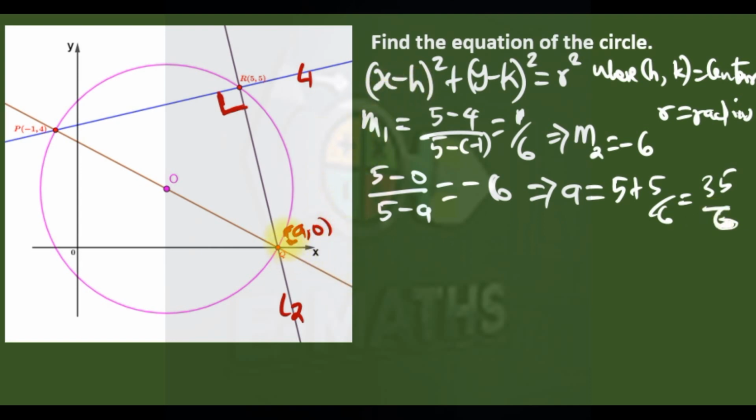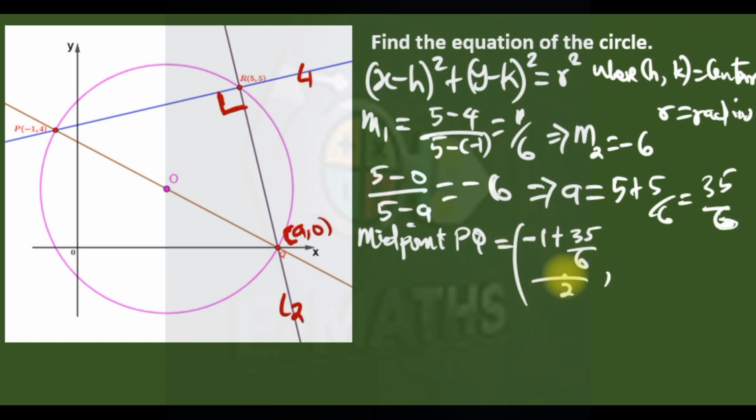With that, we can get the midpoint here. The midpoint of PQ is the average of the coordinates.